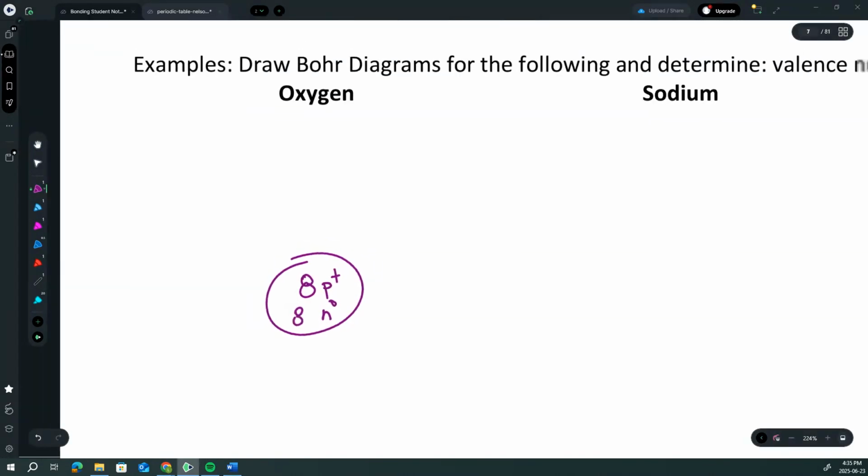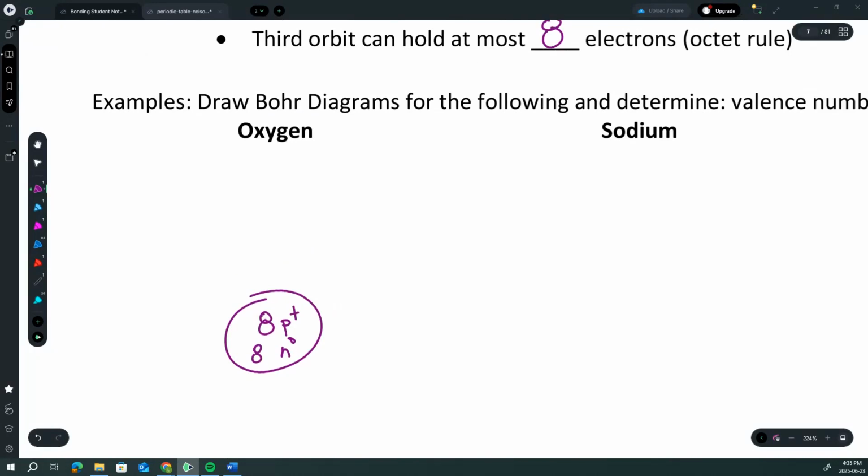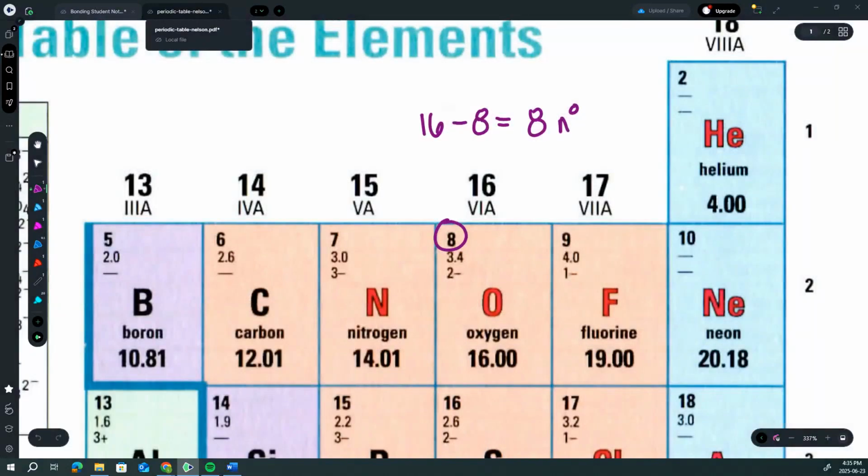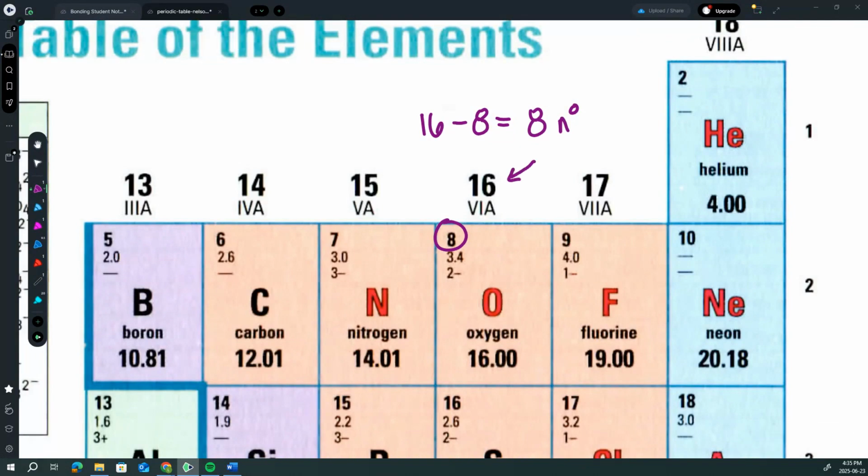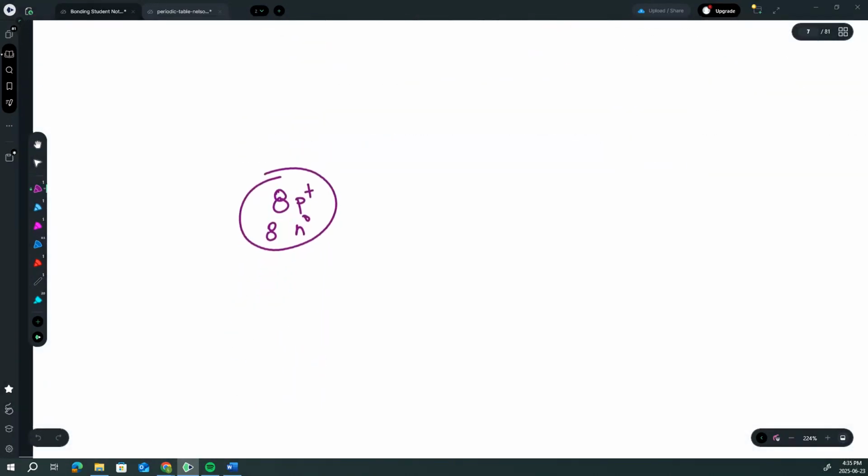All right, so now we have to represent our electrons. Going back to our periodic table, I notice that the group number is 16. The number of valence electrons is equal to the last digit of the group number, which is 6. So let's go back to our notes.